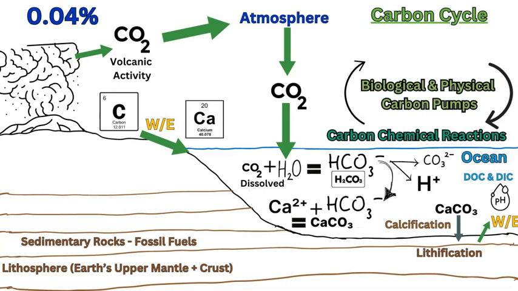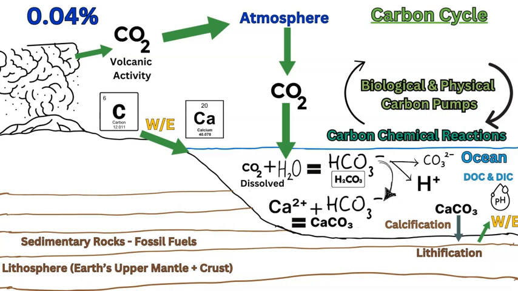CO2 enters the ocean through dissolved gases from the atmosphere and a little bit from the incoming stream flow, rivers off the land into the water, into the oceans. From there, the CO2 is going to react with water, H2O, and form various chemical compounds within the ocean.